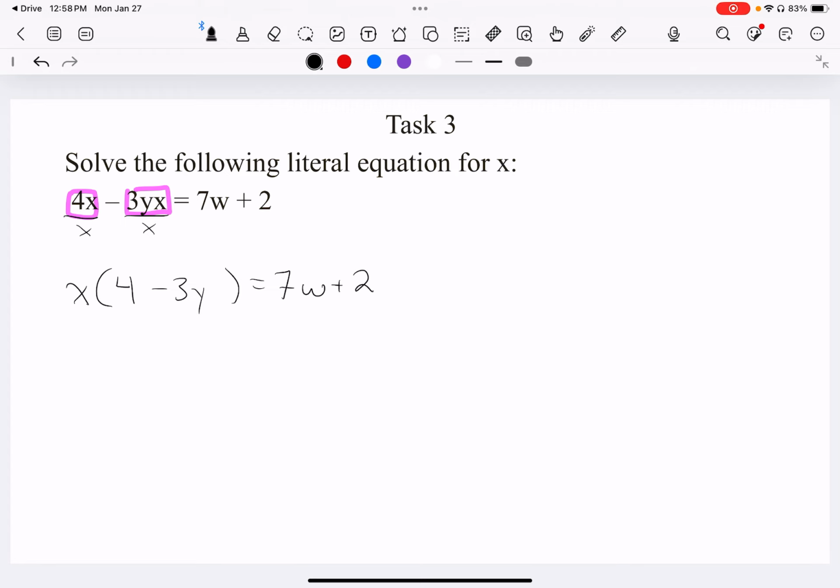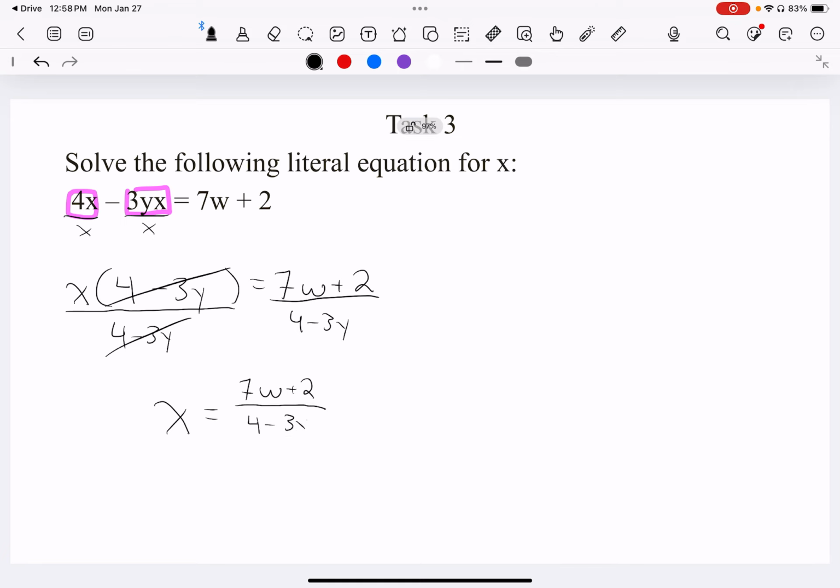Now since it's x times 4 minus 3y, I'm going to divide both sides by 4 minus 3y. 4 minus 3y and 4 minus 3y cancel out to just leave me with x. And on the right hand side, I can't divide that, so I just leave it as 7w plus 2 over 4 minus 3y.